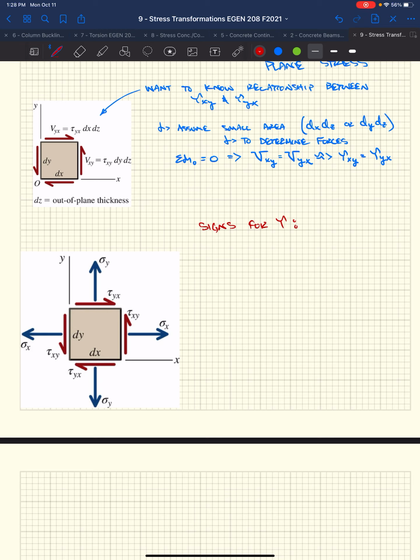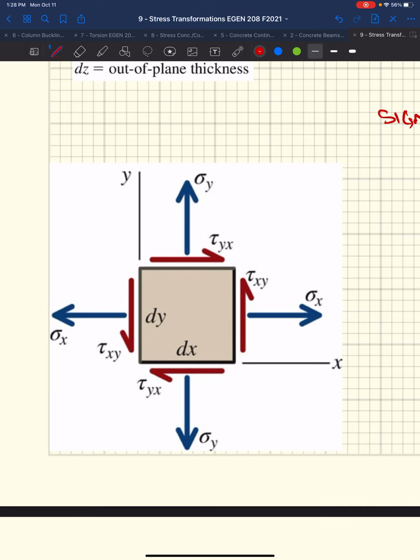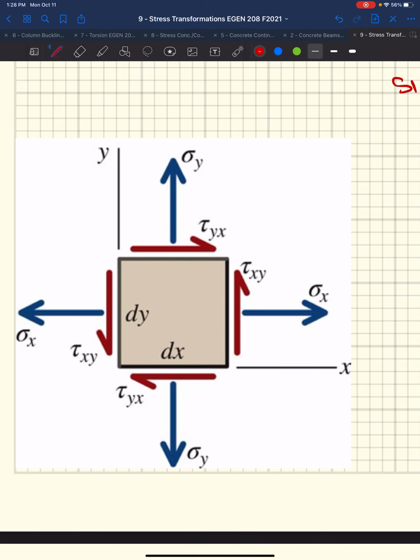Got that? Okay. So if we look at this stress block on this coordinate system, we use this coordinate system to say that in the positive direction we have a positive face, and we have a negative face facing the negative side of the coordinate. And then we have directions to those shear stresses.